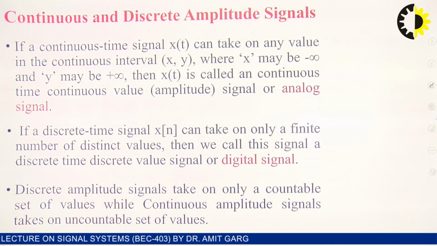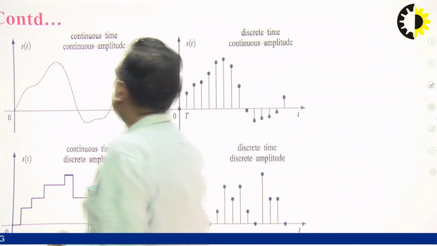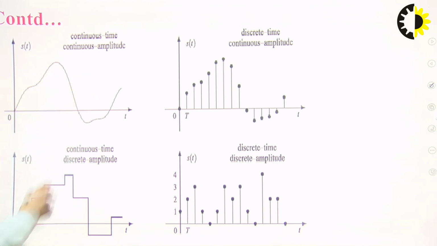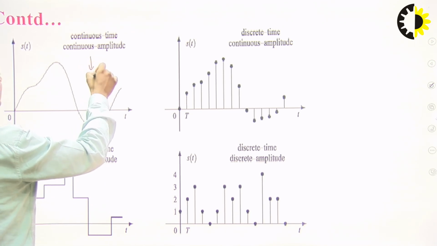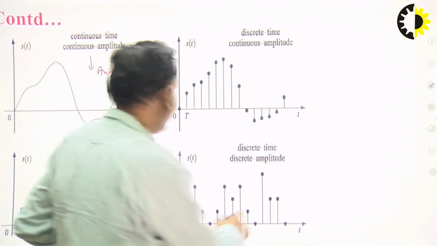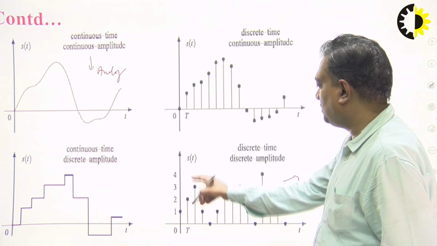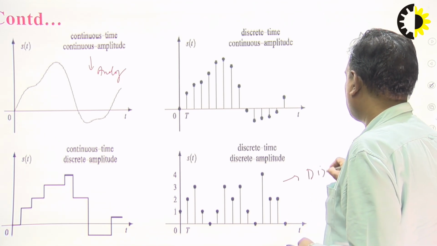Here the amplitude is continuously varying with respect to time. And here we have discrete time, and the values at these discrete times are also discrete, so we can call it a digital signal.